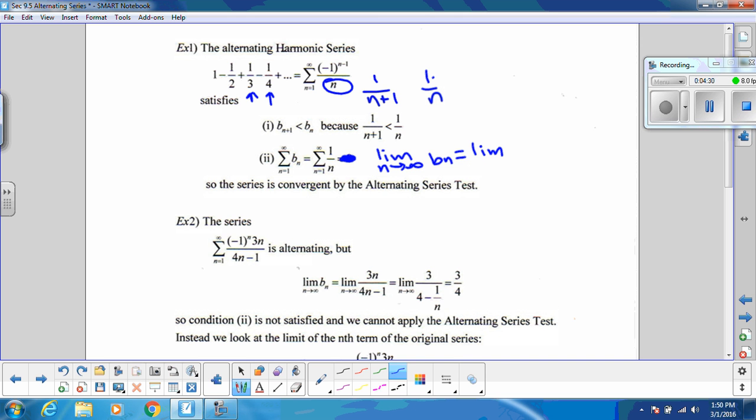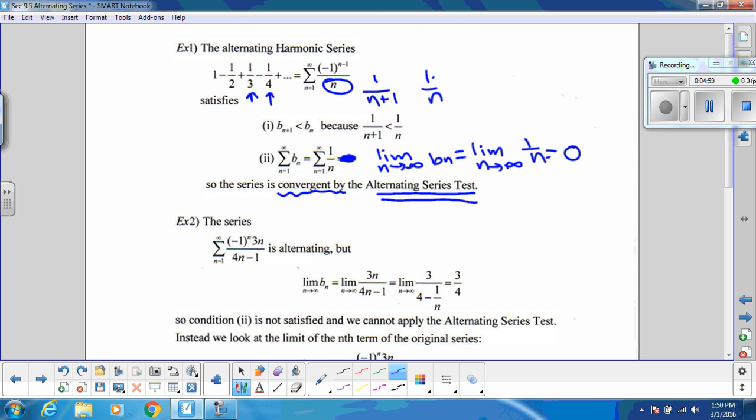We're ignoring the negative 1 to the n minus 1 power at this point. If we take the limit of that, obviously if we have infinity in the denominator, that is 0. So we've met both conditions, and you can see that both numerically and algebraically that's true. So the alternating harmonic series is convergent because it met both of those conditions for our alternating series test.